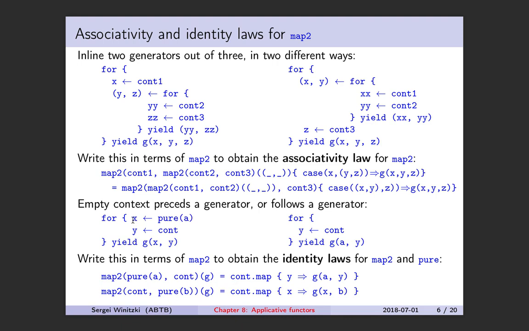So for example, here is map2 of pure A and the container, and then their function G. And on the right is just a simple container map with this function that substitutes A instead of X. And similarly, the right identity law.